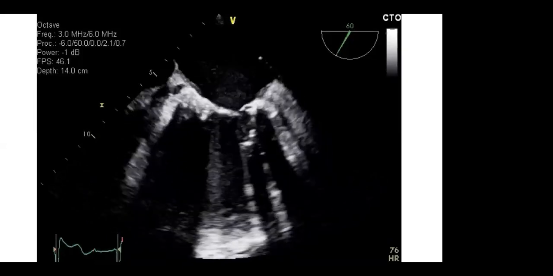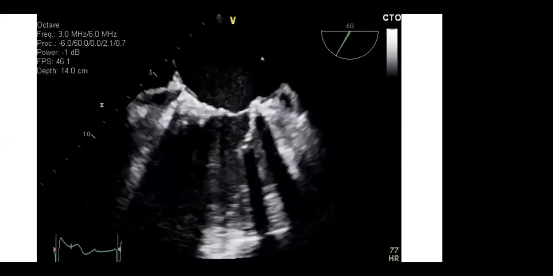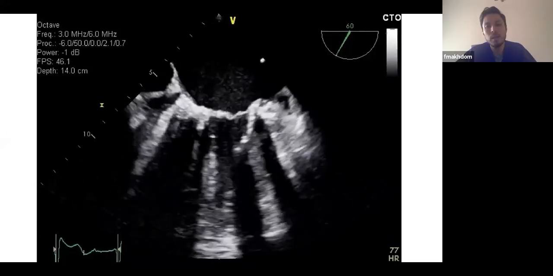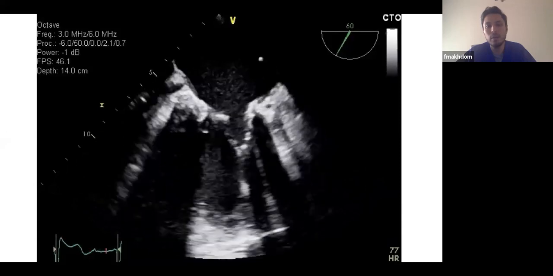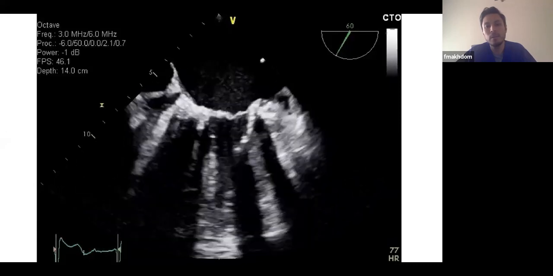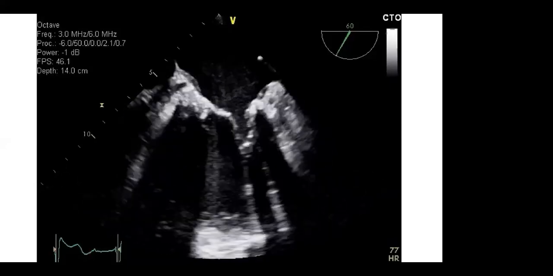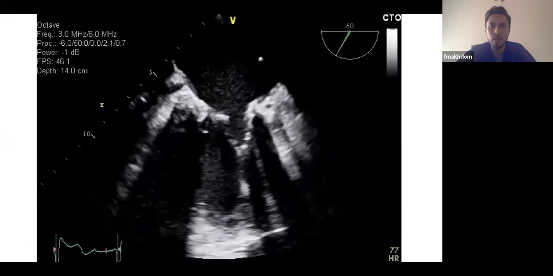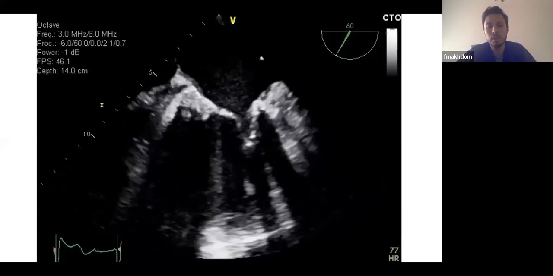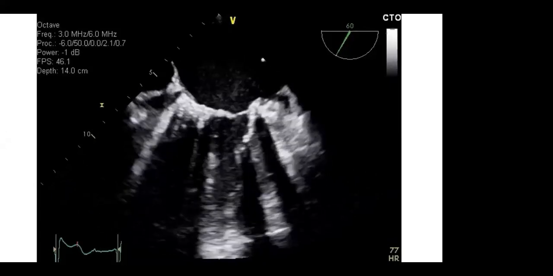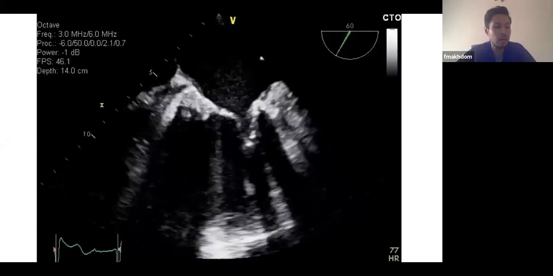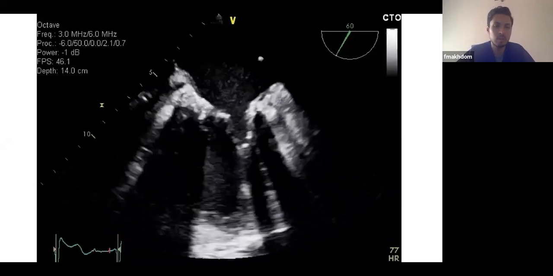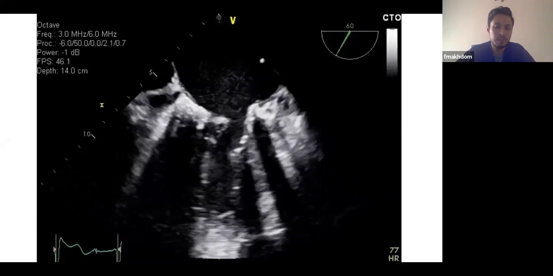It looks all calcium, and also in the subvalvular apparatus the chordae look calcified. But there is something very diagnostic for calcium on echo: the acoustic shadow, just like a mechanical valve. So this image is very obvious. She has mitral annular calcification.